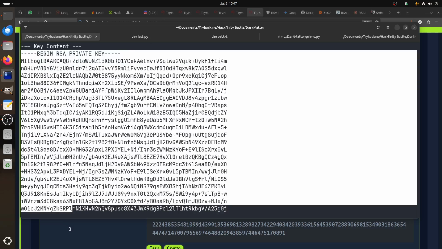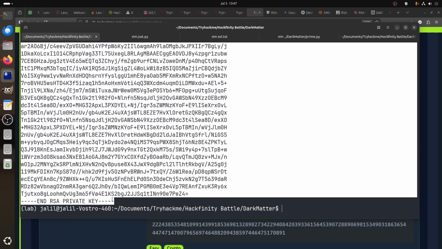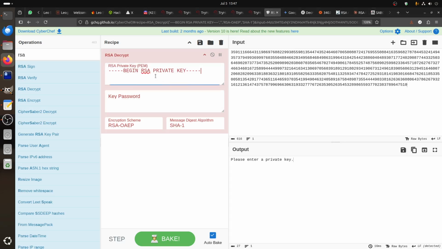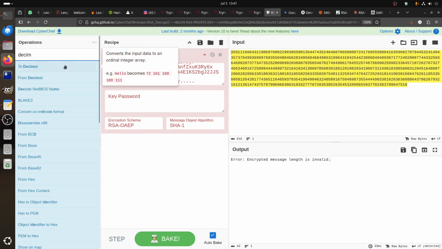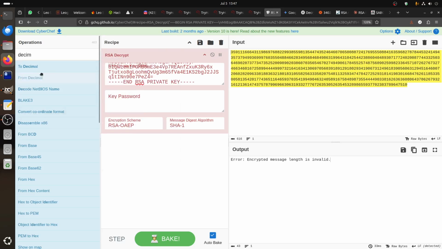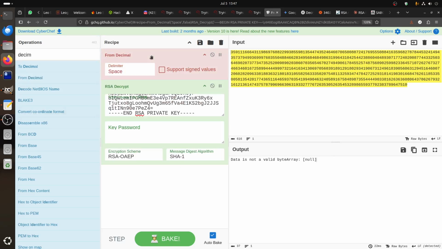If we copy this and go there, now I see an error: message length is invalid, because this is not a decimal value. Now I don't know, because when I look for decimal here, there are only two. Oh, there is From Decimal. Why didn't I see it before? So we can do this From Decimal.